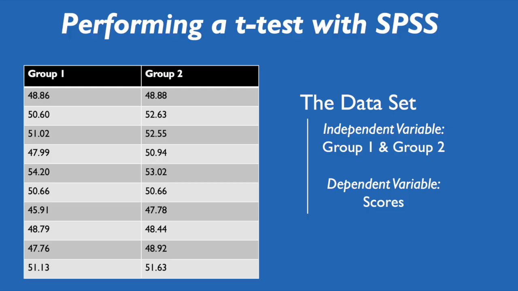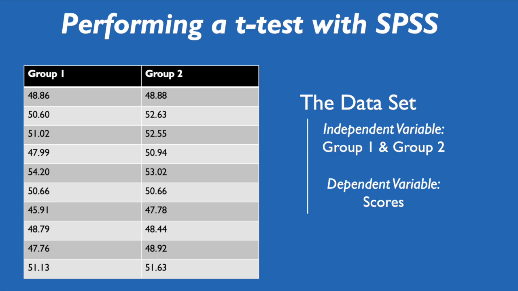So as you can see, group 1 and group 2, just off assumptions, they do seem similar in values. The independent variable of the data sets are going to be the groups, so that's going to be group 1 and group 2. And then the dependent variable is going to be scores.